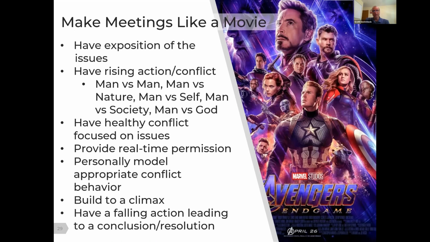And then the third thing, make meetings like a movie. Anyone here with a literature background and things like that, you know that what makes a book or a movie exciting is the conflict. Man versus man, man versus nature, man versus self, all those literary terms. But again, you want to have that healthy conflict. So like the Avengers and the superhero movies, it's always good versus evil, or the romantic comedies have the romantic tension.